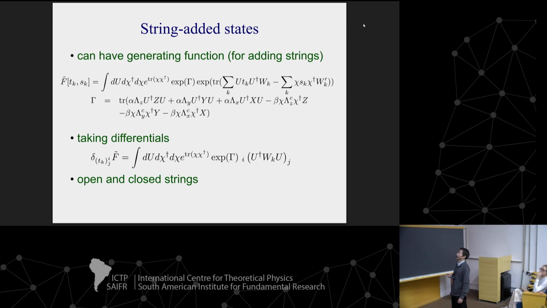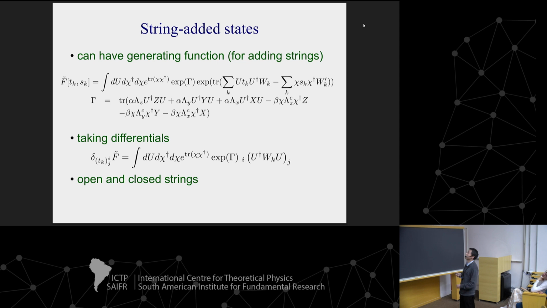There's another method for adding strings by using a generating function. For example, the exponential part is a generating function for adding strings. And the first part is the BPS coherent state.